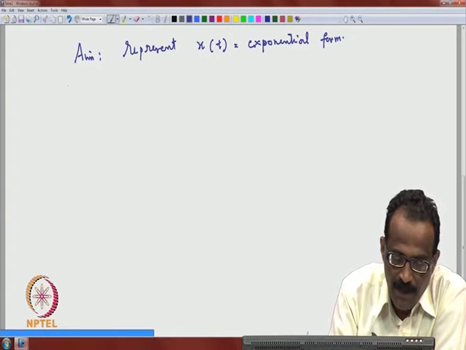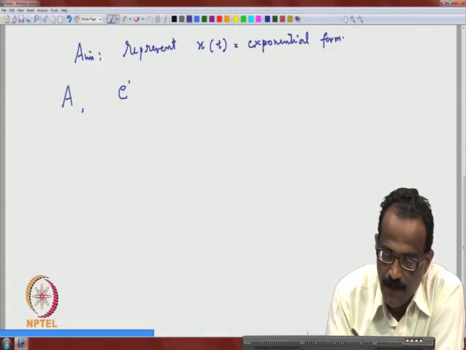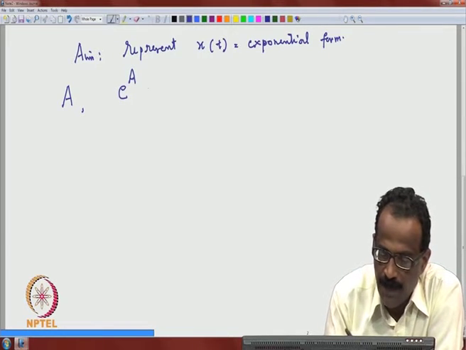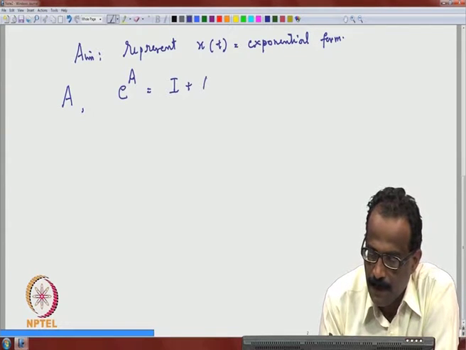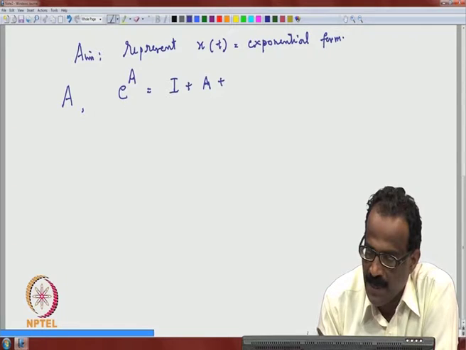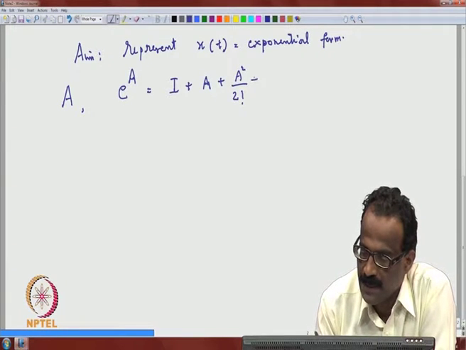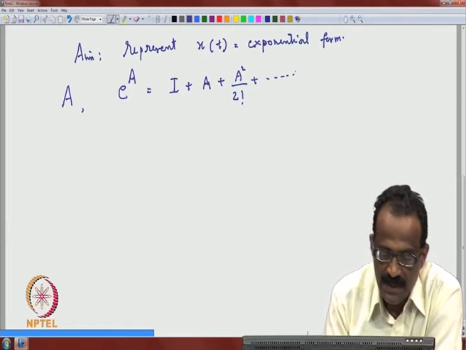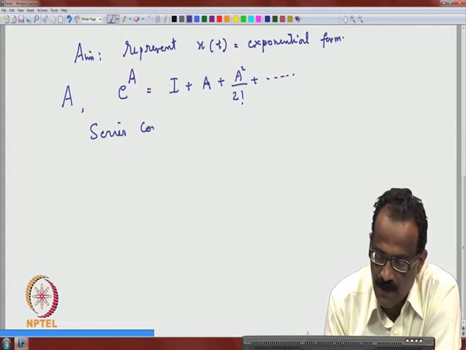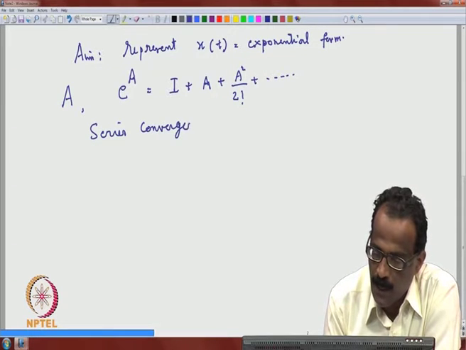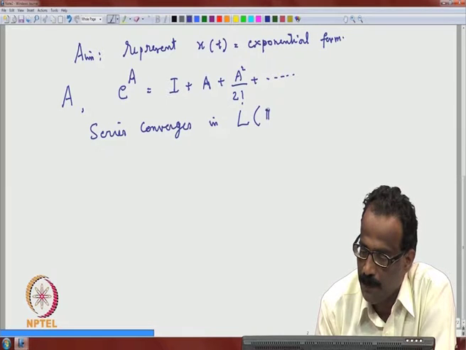If A is a matrix, then e^A can be defined to be I plus A plus A squared by 2 factorial plus etc., where the series converges in the set of all linear operators from R^n to R^m.